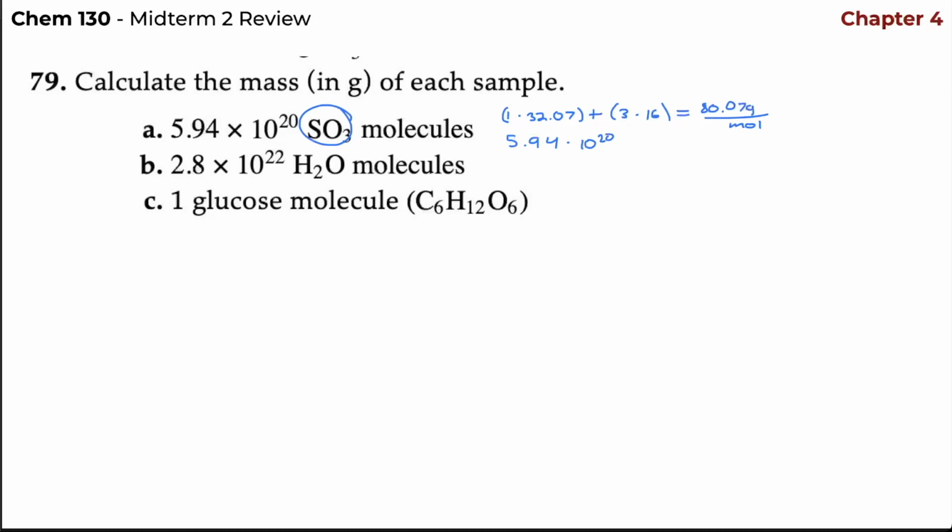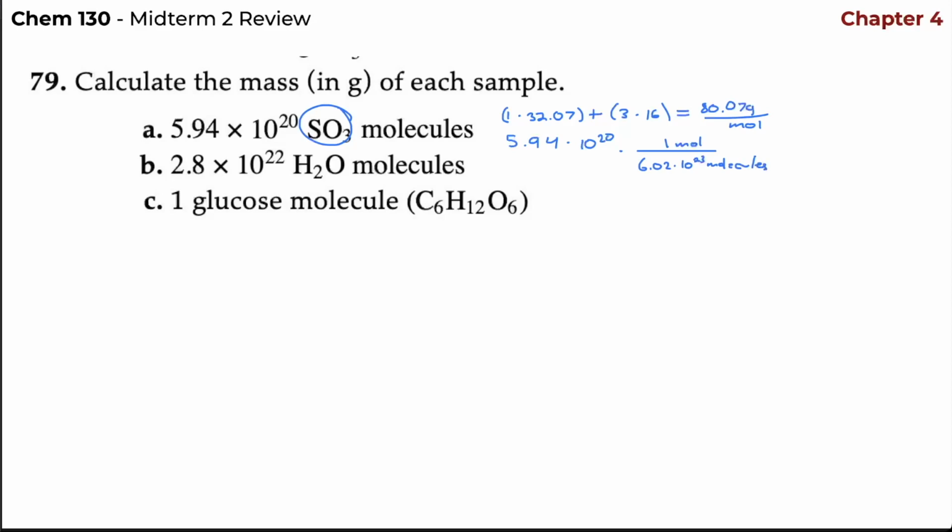So to do that, we divide by Avogadro's number, because 1 mole is equal to 6.02 times 10 to the 23 molecules, right?